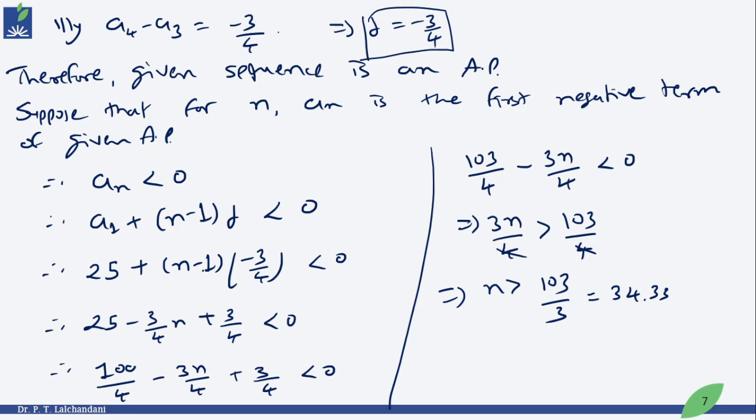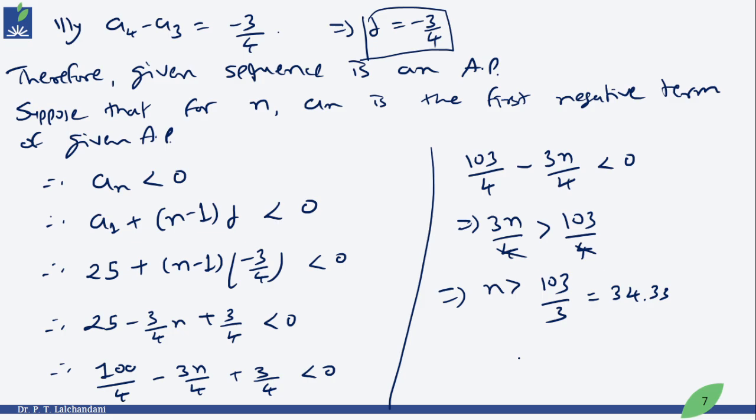We put the formula and we find the value of n. N greater than 34.33. This indicates that whenever the value of n is bigger than 34.33, then an will be less than 0. See, we started with an less than 0 and we are getting that n is greater than 34.33.